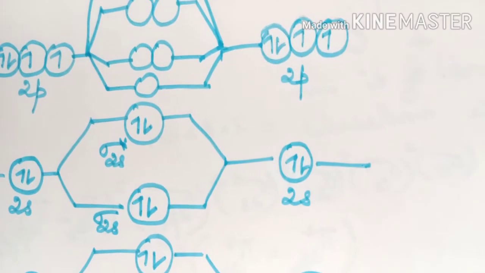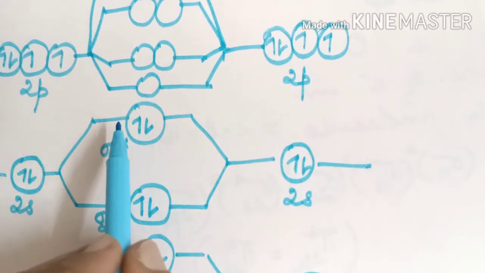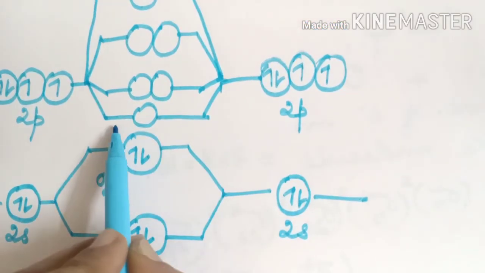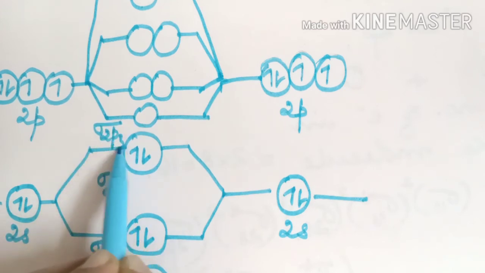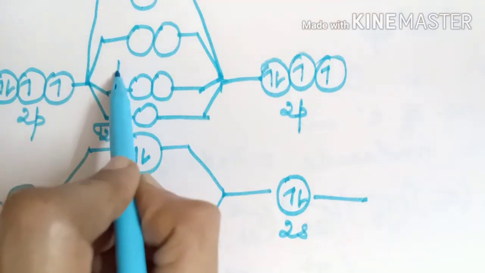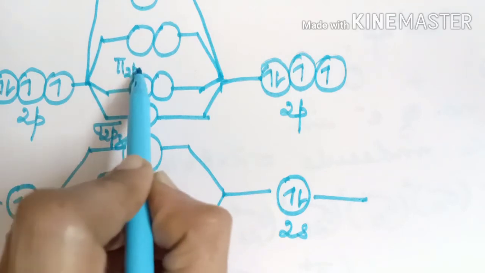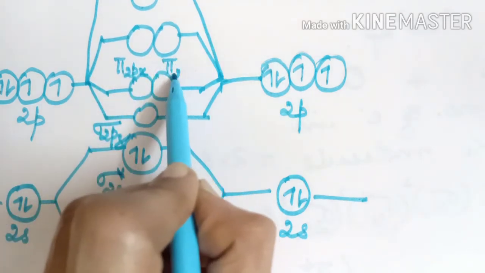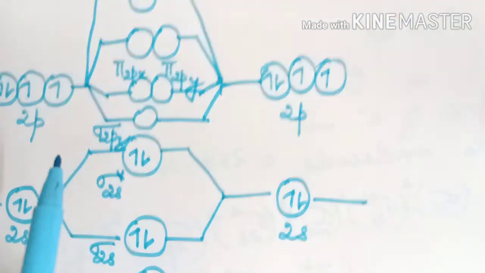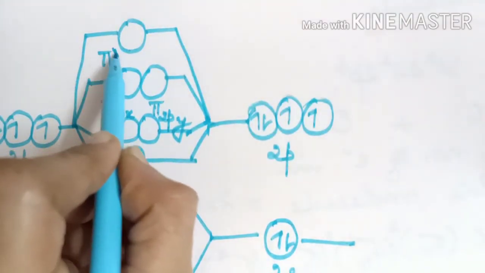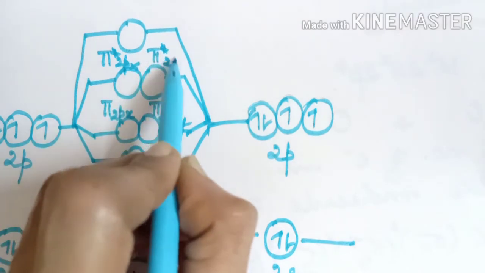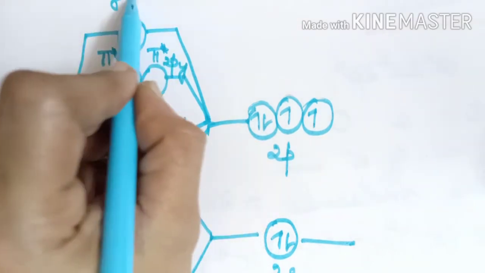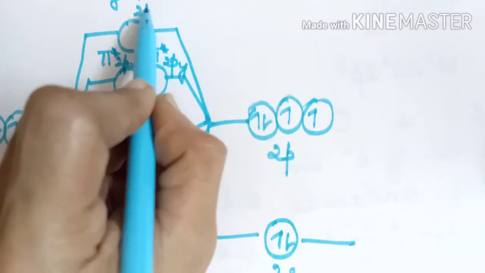Coming to the 2p orbitals, which is the next higher orbital, here you find that the molecular orbital will be sigma 2pz, and next comes pi 2px, which is equal to pi 2py. So both are degenerate. Then comes pi star 2px and pi star 2py, followed by sigma star 2pz.